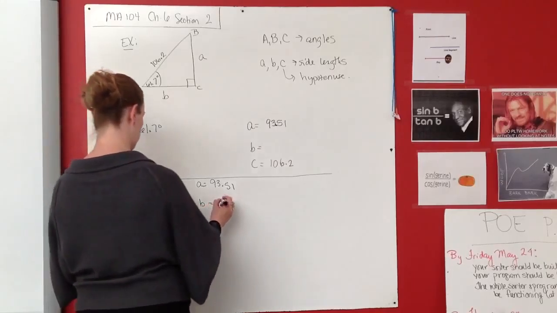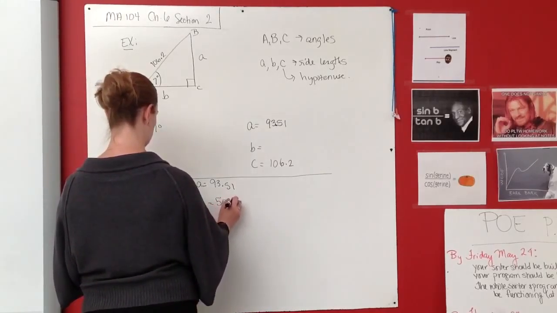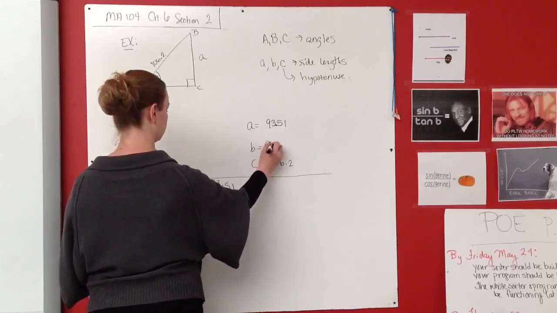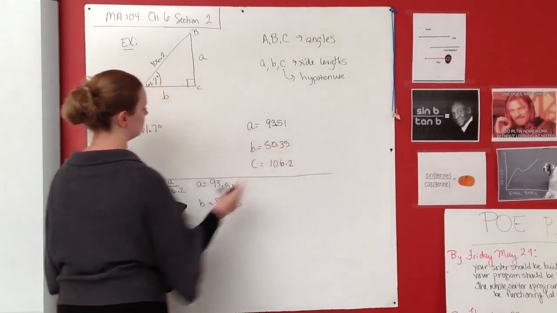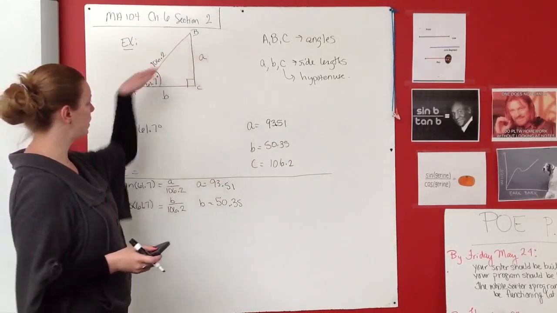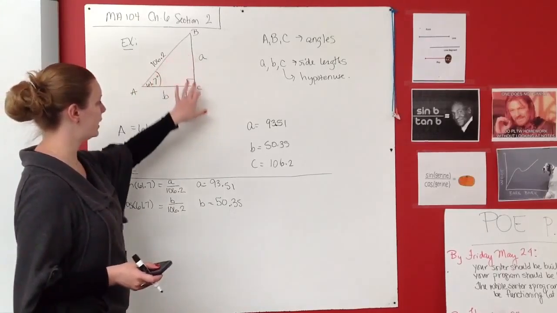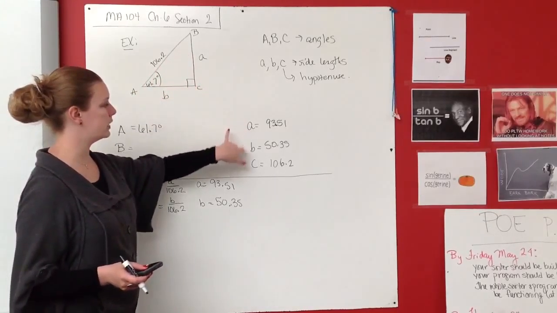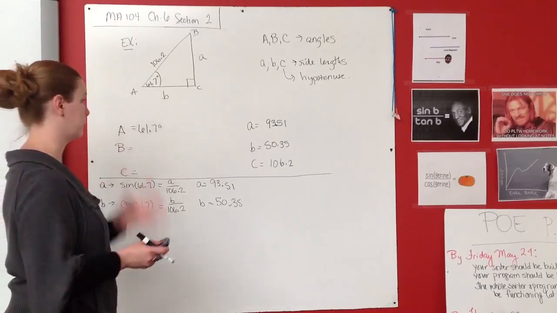And we end up with b being a length of 50.35. Just do a quick double check visually. c should always be the longest side because it's the hypotenuse. a is clearly larger than b, and we calculated it to be that way.